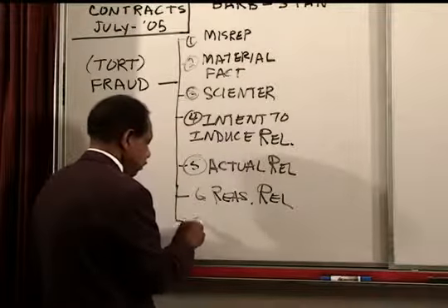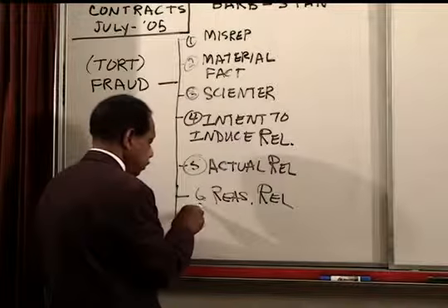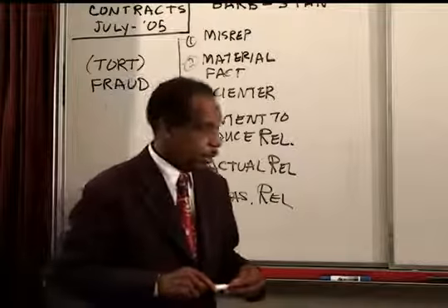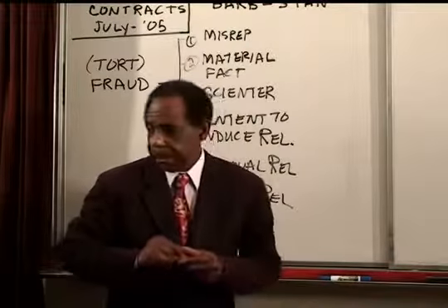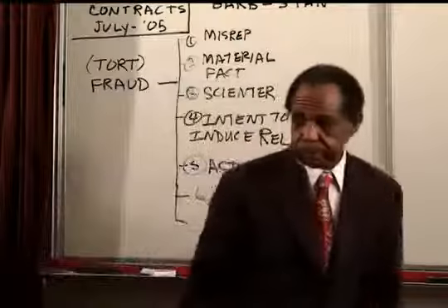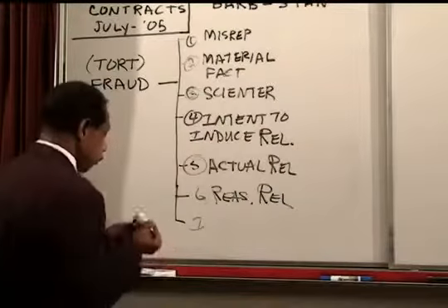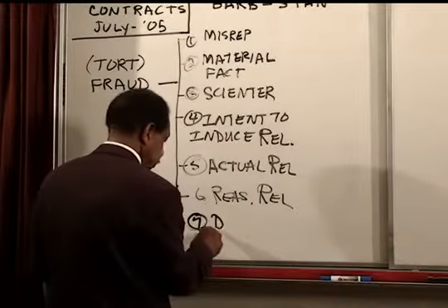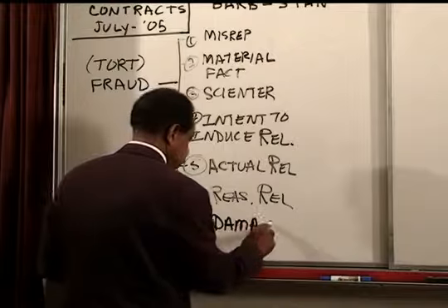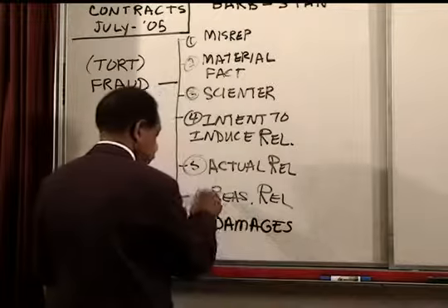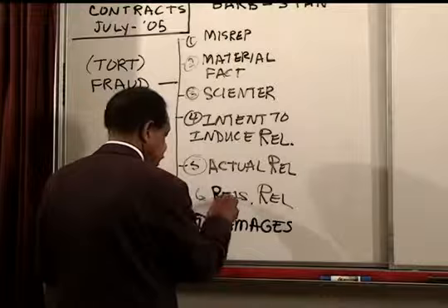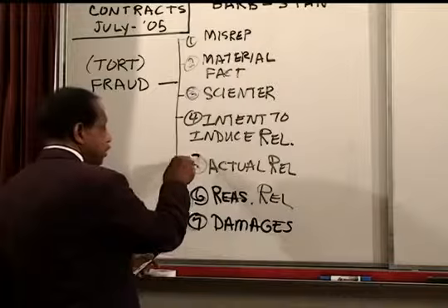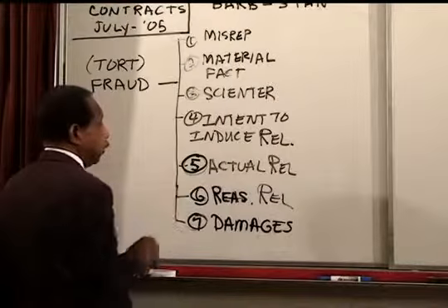And number 7, damages. I'm going to have to get another marker because this one apparently has died. So these are the 7 requirements of fraud.